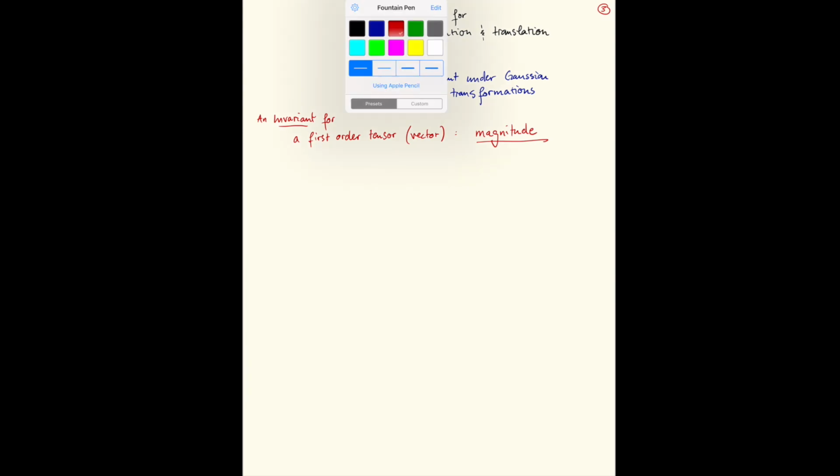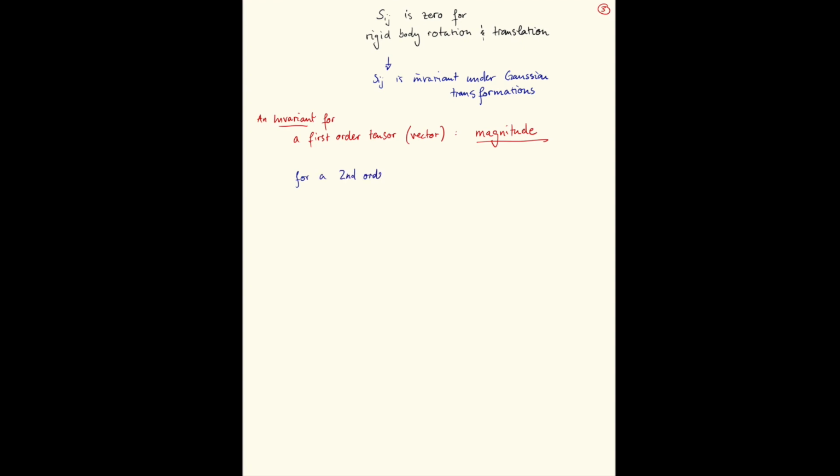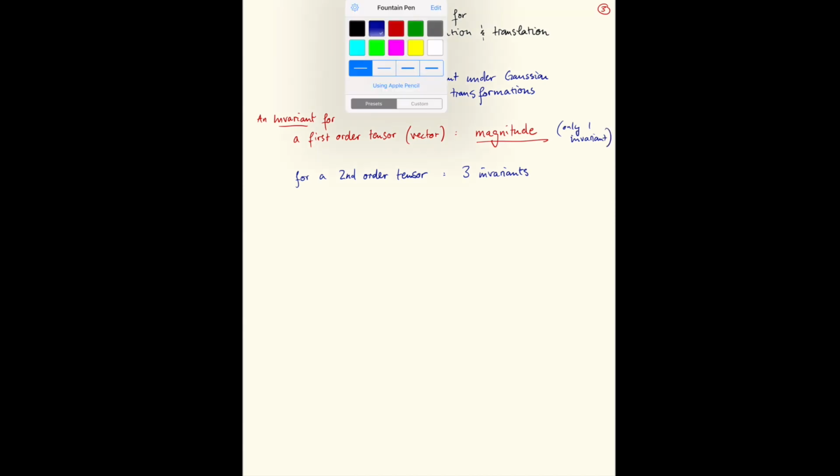For a second order tensor, there are 3 invariants. So for the first order tensor there's only 1 invariant. For the second order there's 3, and I'll list all 3 here, but I'll focus only really on the first one.